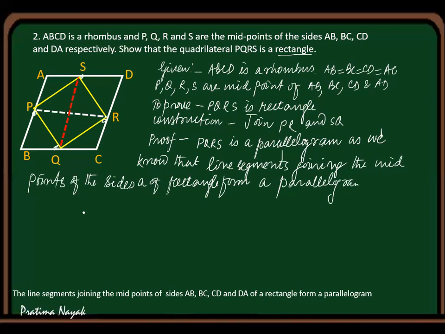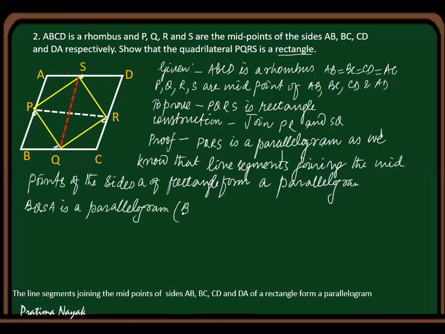How do we go about showing the diagonals are equal? Now I'll write that BQSA is a parallelogram. Why?